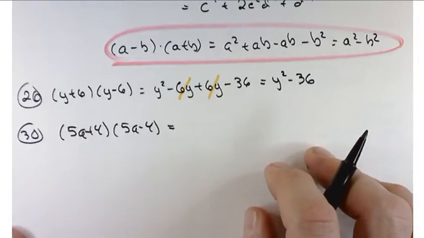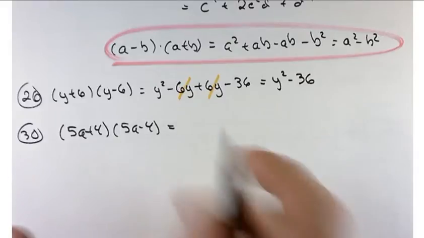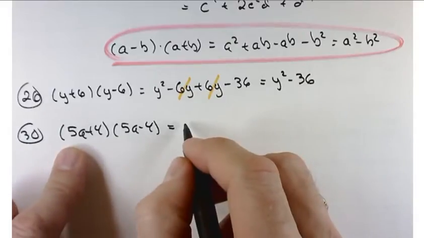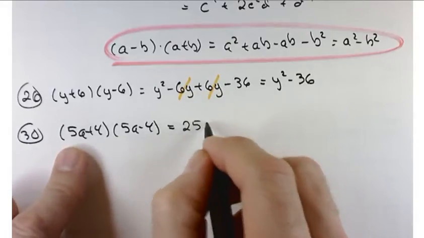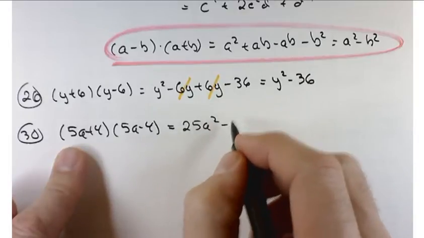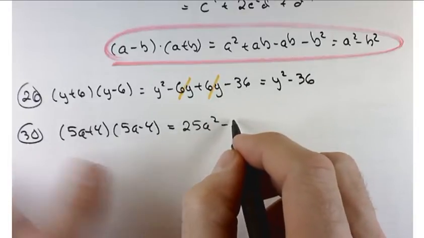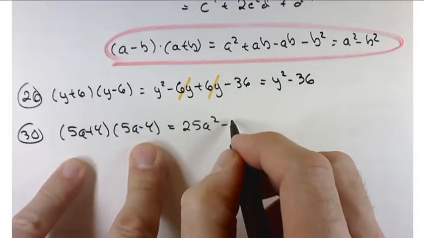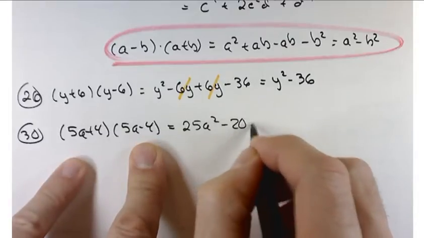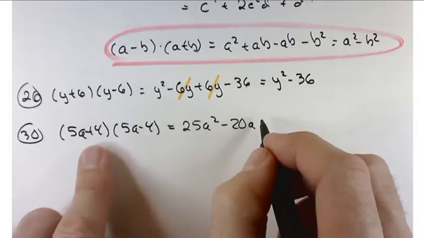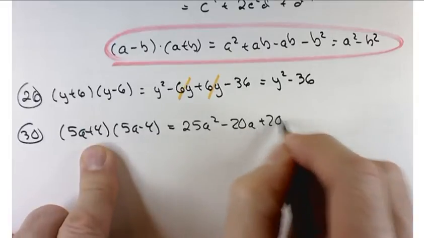How are we doing on this one? Megan, what will the first terms be? 25. Good? Outside? Minus 20a, plus 20a, good?